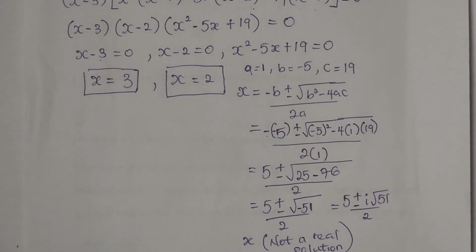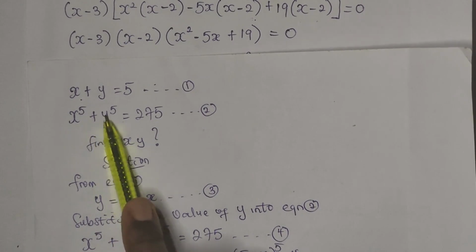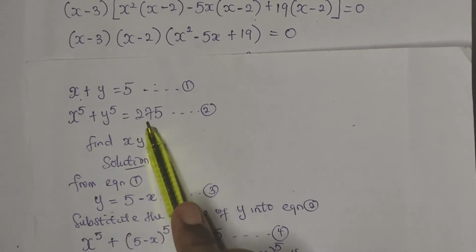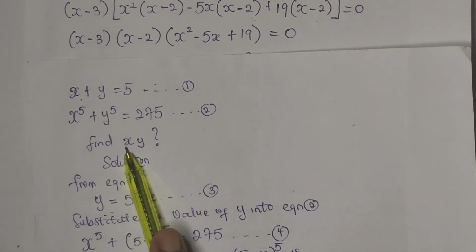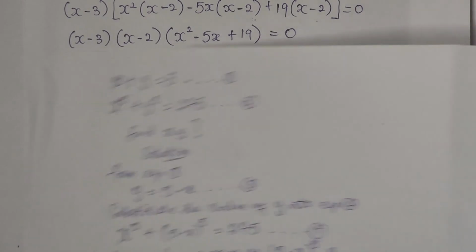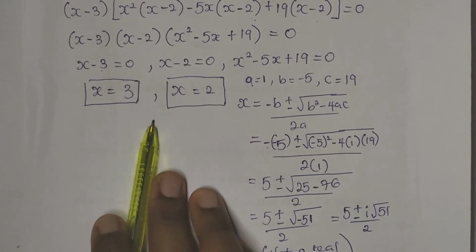So remember the question. The question says x plus y equal to 5, x to the power of 5 plus y to the power of 5 equals 275, and we are asked to find xy.